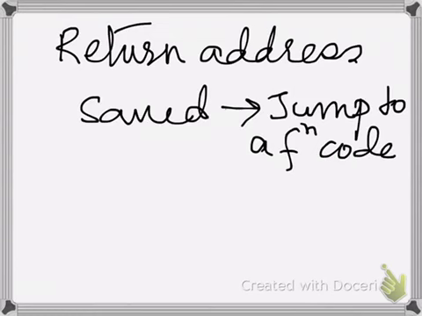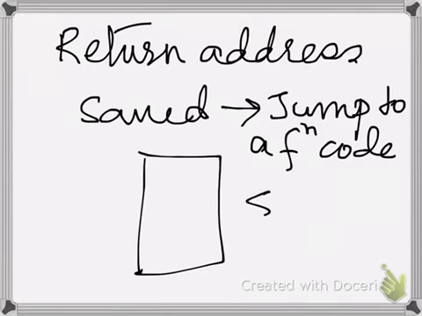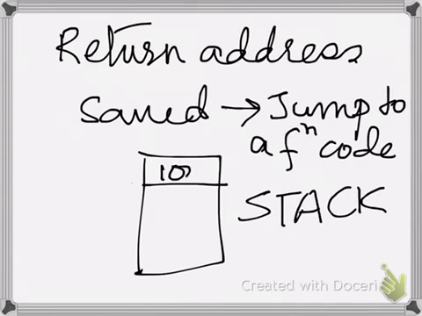Now the question is, where do you save it? The best place to save the return address is in a stack. You push the address you have to return to onto the stack, and the top of the stack pointer keeps pointing to it.